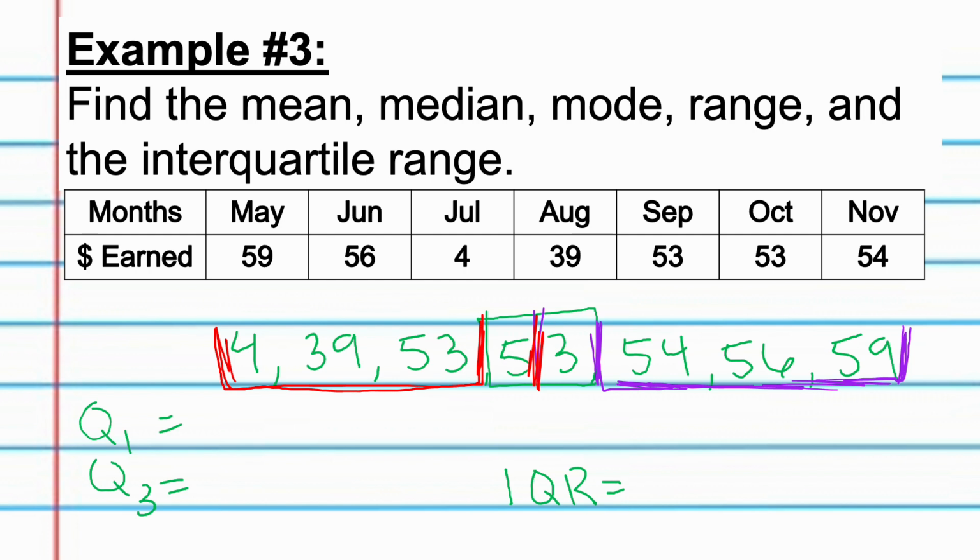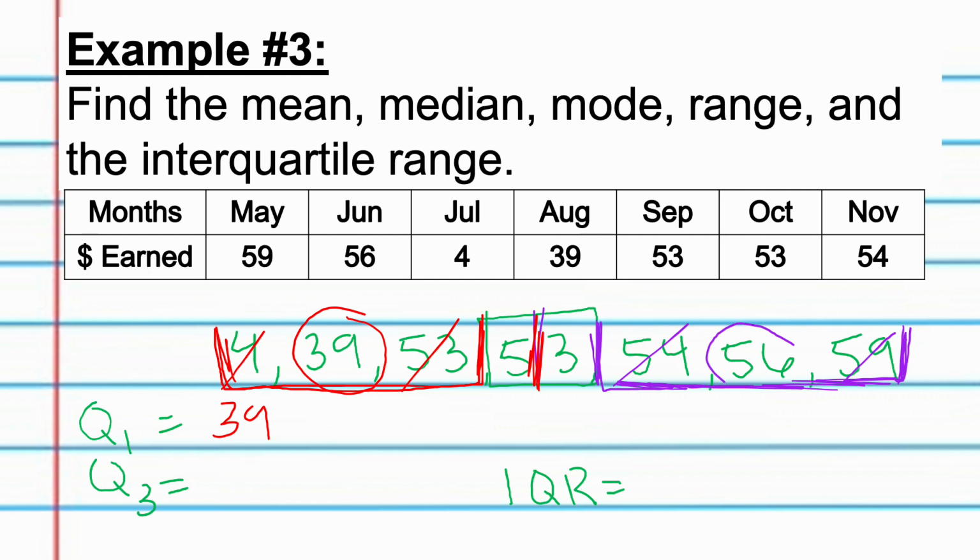So for quartile 1, we have our new half, and our new half has 3 numbers in it. So we go bloop, bloop to find our median. That means our median of our first half is 39. Then we have our new half on the right, bloop, bloop.